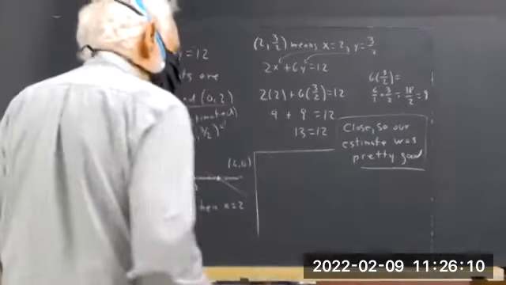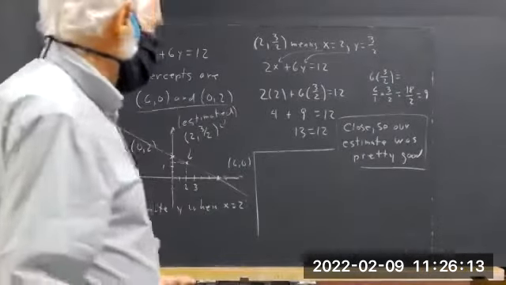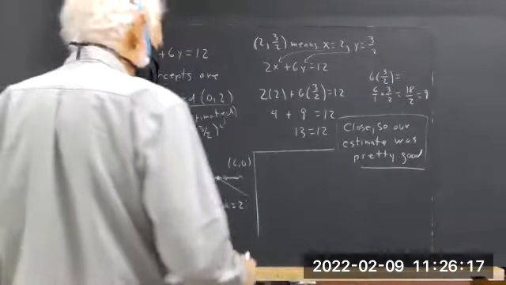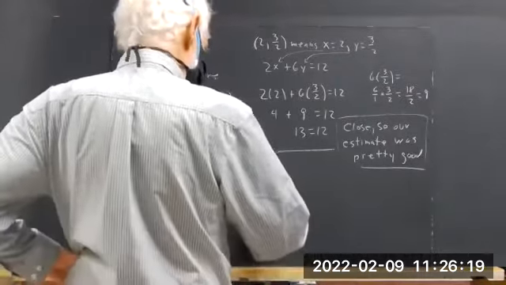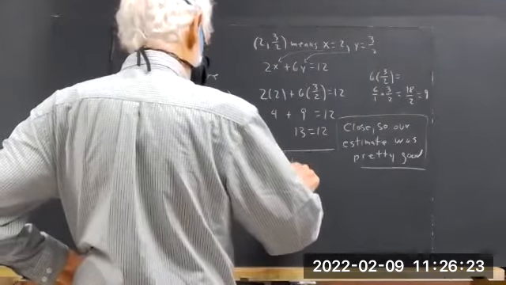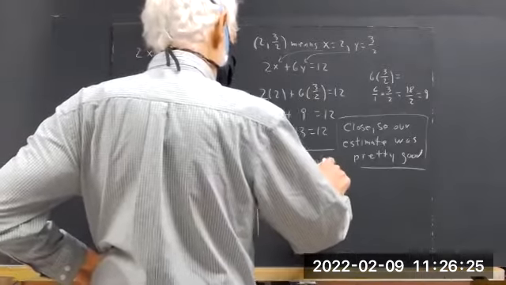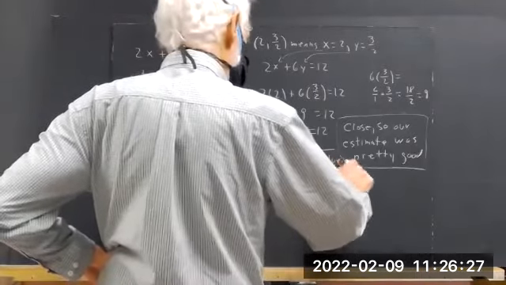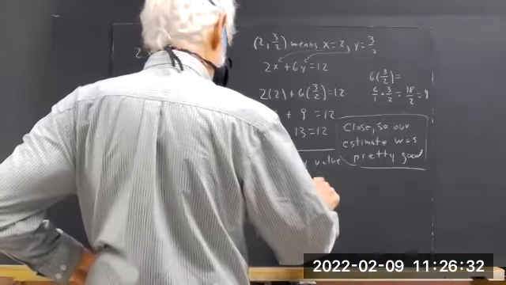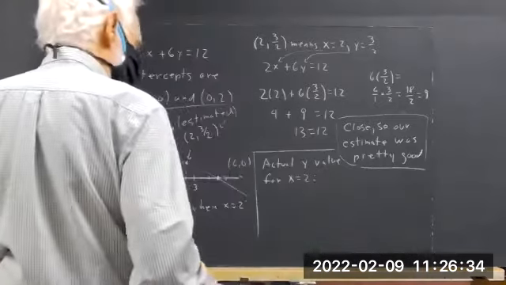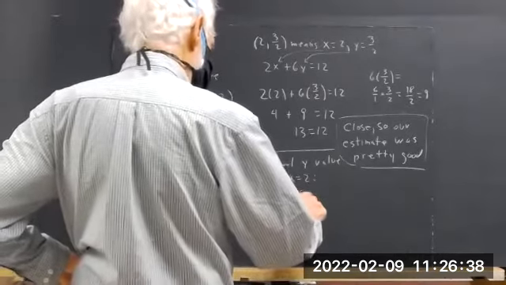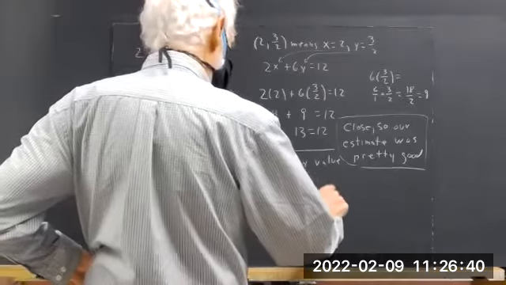Now, you know how to solve linear equations. Okay. The actual y value for x equals 2. You got 2x plus 6y equals 12.